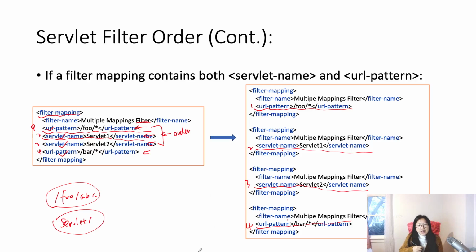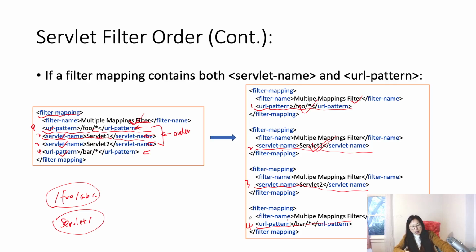So in this case, which one will be invoked? Obviously the same filter will be invoked, right? Will it be invoked twice? No, only once, because both of them map to the same filter. Even though when we expand it seems this one will be first and this one second, actually only one is invoked because they are the same.